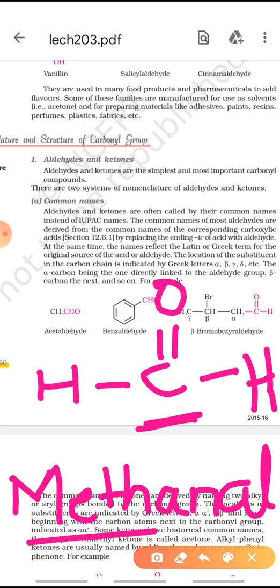The name is methanal. Methanal is the simplest aldehyde. Commonly it is known as formaldehyde. It is used as a preservative also for preserving the biological specimens.